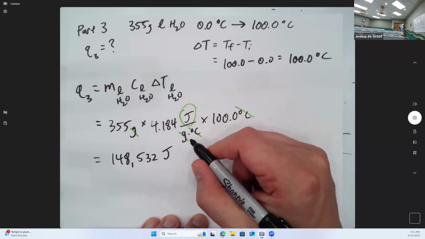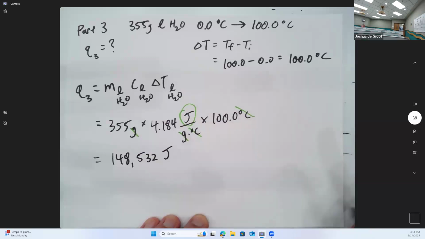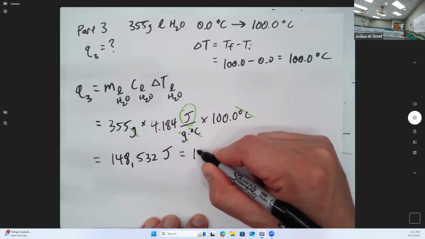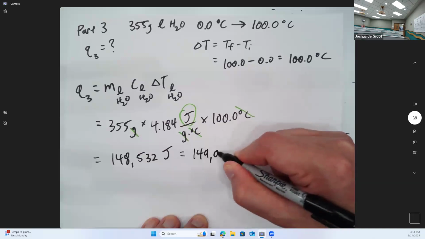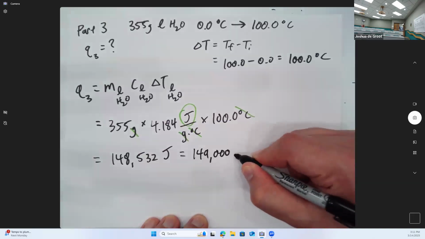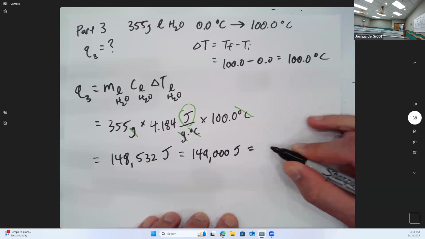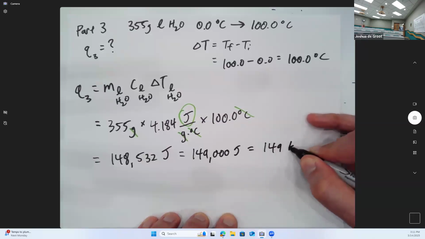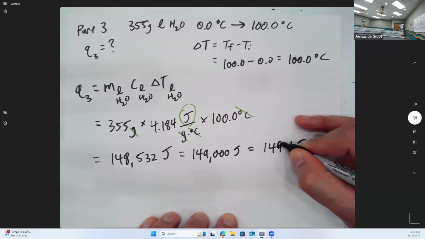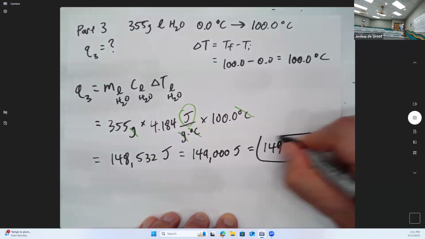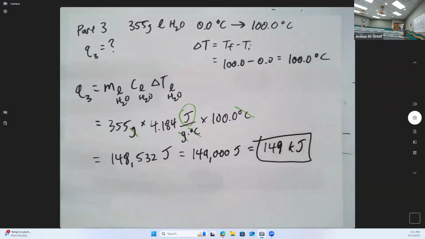With correct sig figs, that's going to be 149,000 joules. And might as well just get those into kilojoules immediately as well. All right, everyone getting that same number?